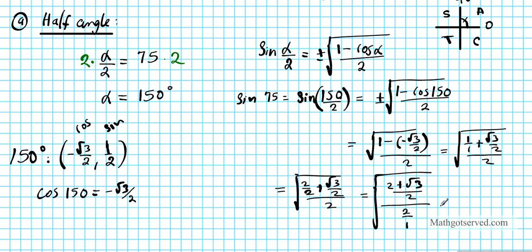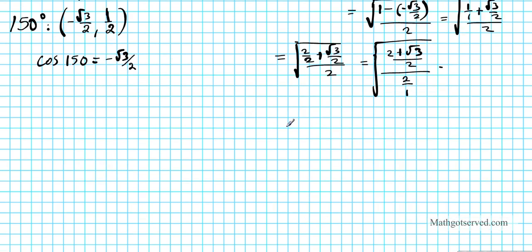Since we have a fraction on top and bottom, we can multiply the numerator by the reciprocal of the denominator. So we have the square root of (2 plus root 3 over 2) times the reciprocal of the bottom, 1 over 2.